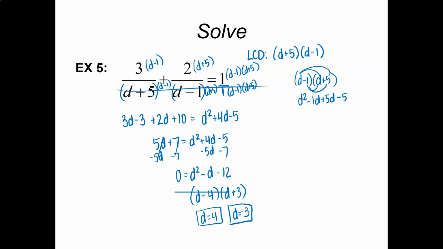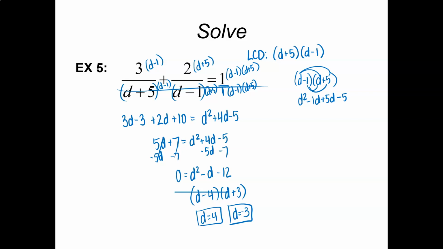Check with your neighbor and see if you got the same thing. You don't multiply this one by D plus 5, only by D minus 2.